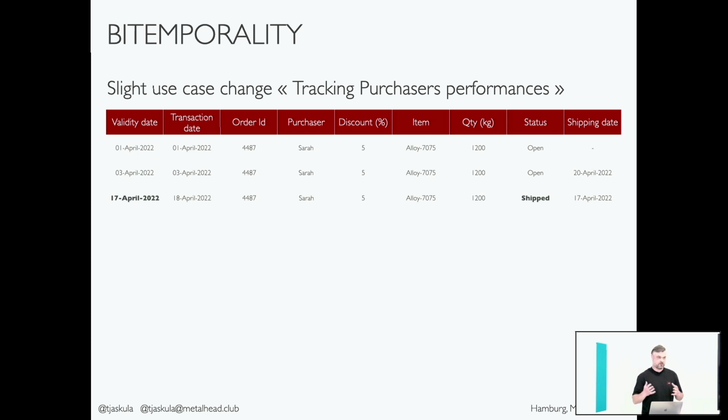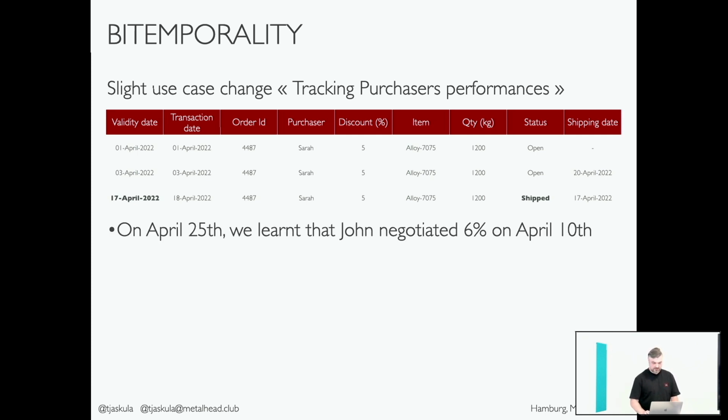When you are buying alloys in aerospace, it's very expensive, and getting a discount is very important to have a lower price. And if this information is tracked through the order's life cycle, it would be useful for business. They may come up with something like: on April 25, we learned that John negotiated 6% on April 10th.